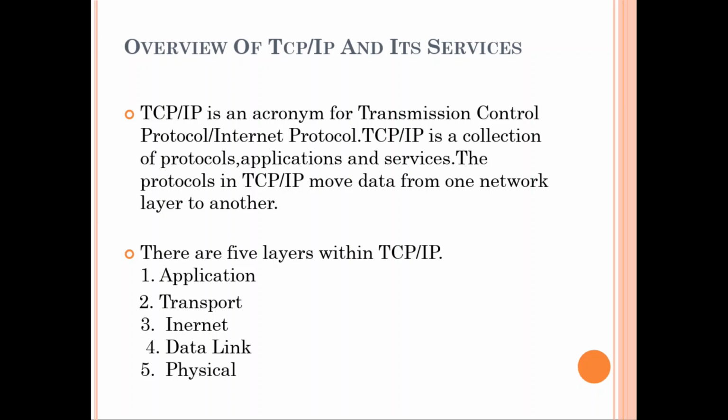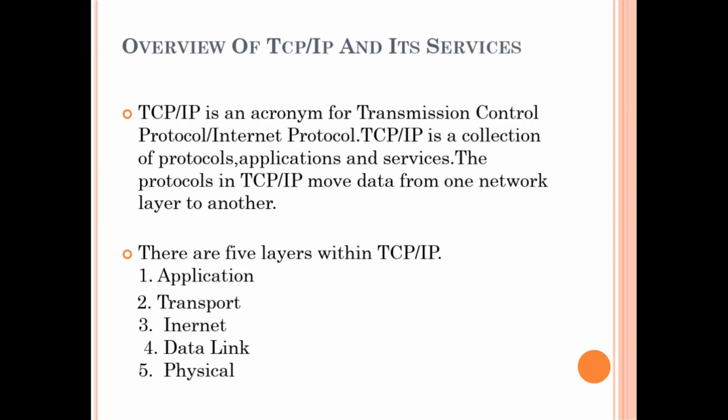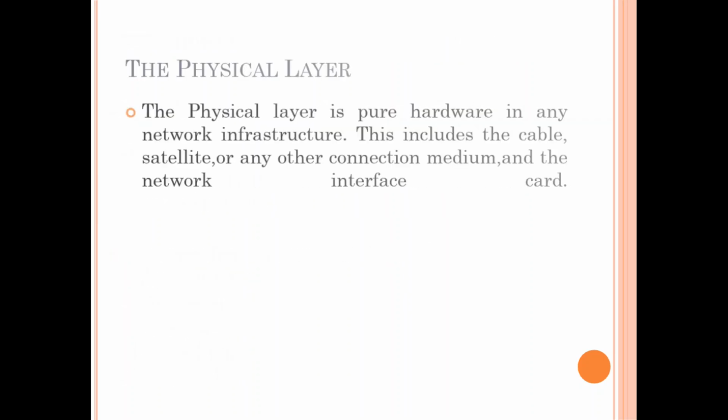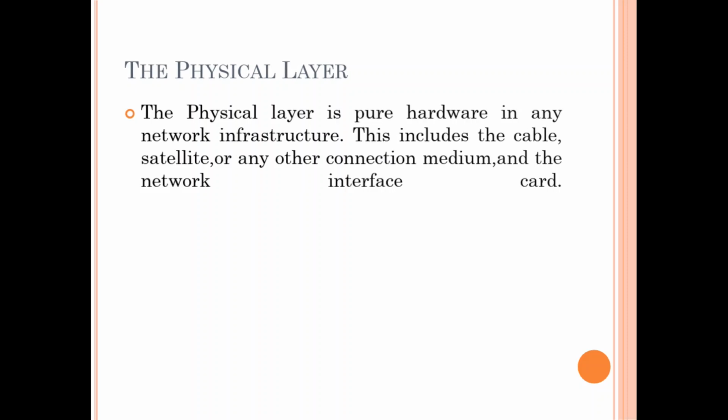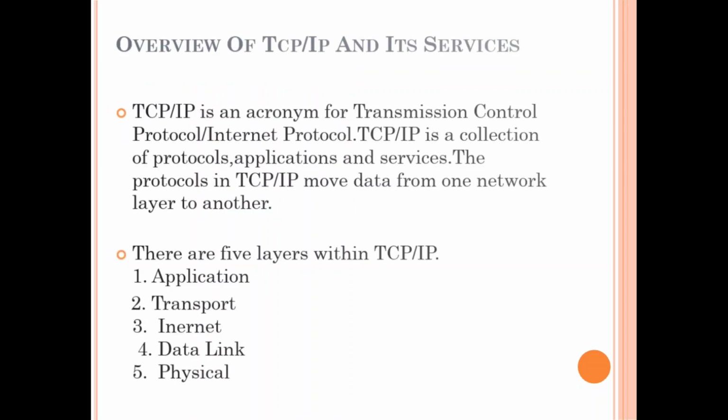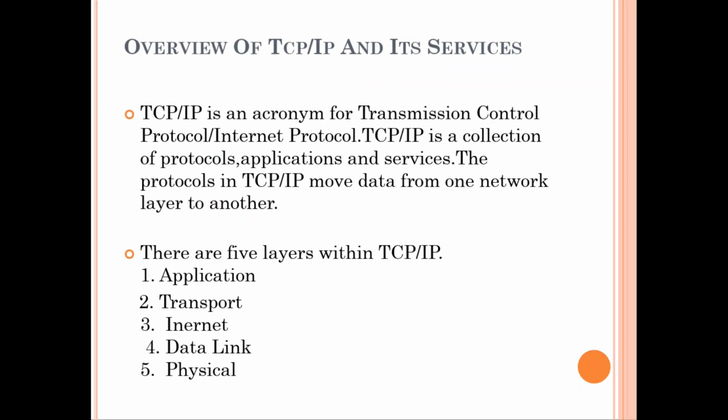In TCP/IP we have five different layers. If anyone asks you what is layer number 1, what is layer number 2, then according to a user, the application layer is the first layer, and according to the system, the machine, the physical layer will be the first.